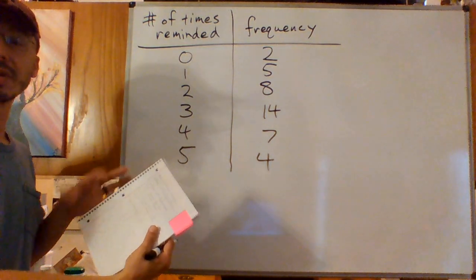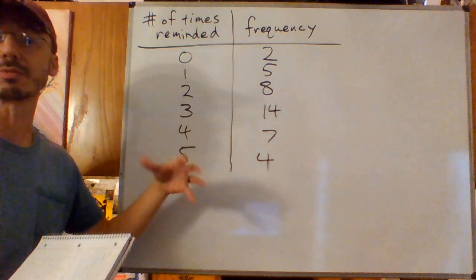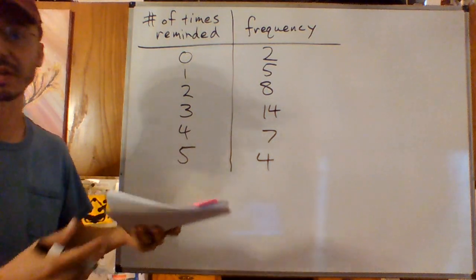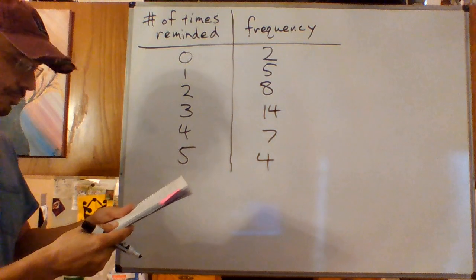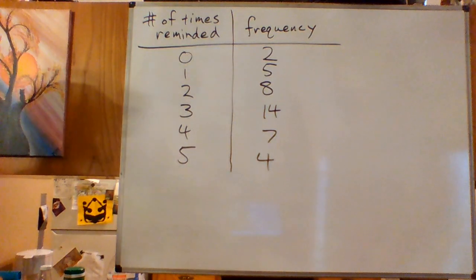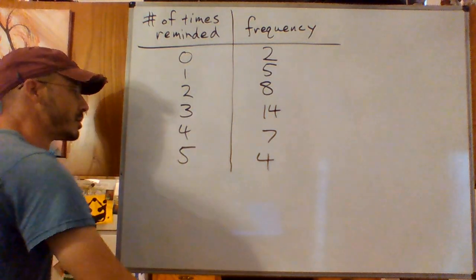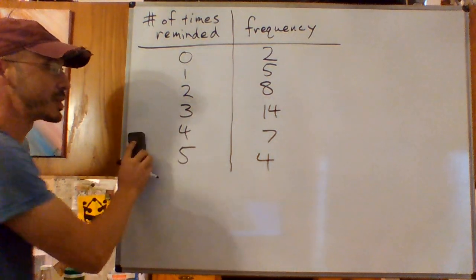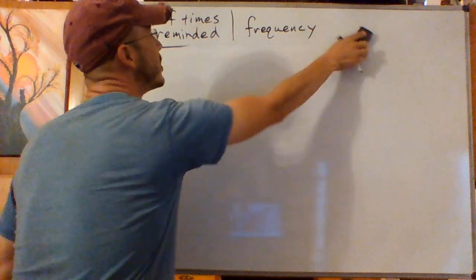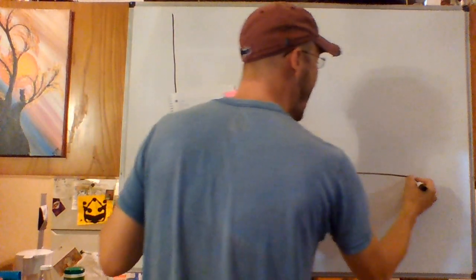The next step we're going to do is to build the frequency polygon, or the line graph. There's the data. You can pause if you need more time to copy that down. Here's the axes.